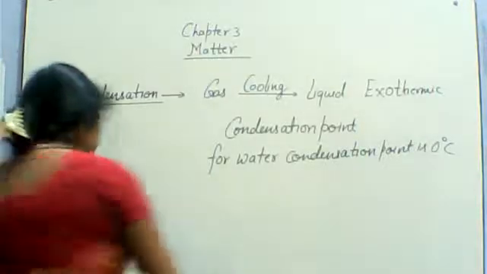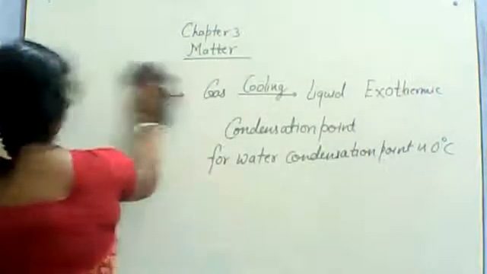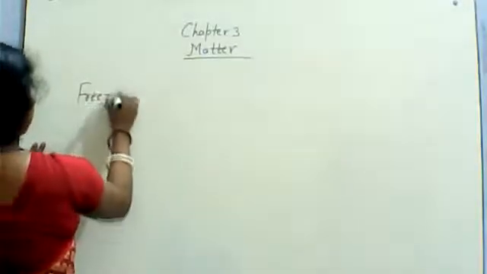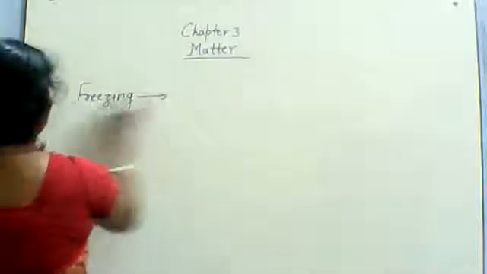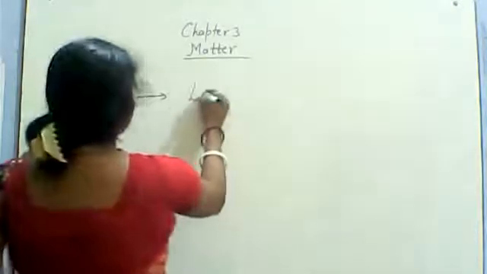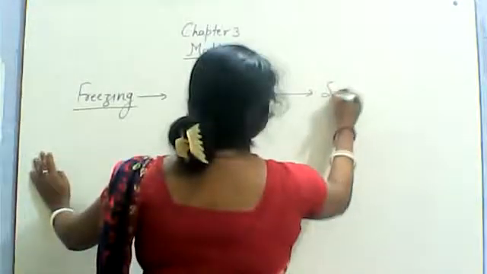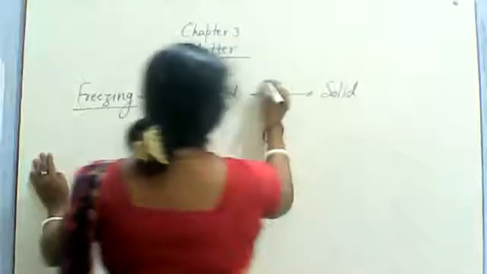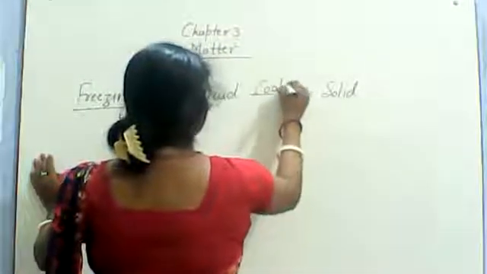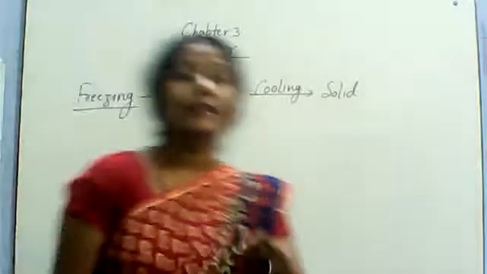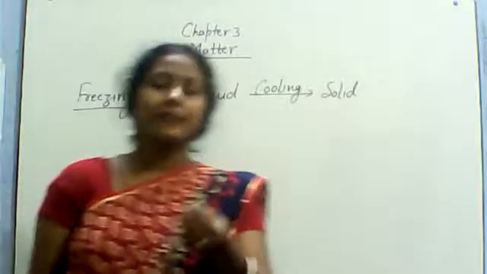Now, the next topic is freezing. When the liquid state changes into the solid state on cooling, it is called freezing. A very easy example is making ice.